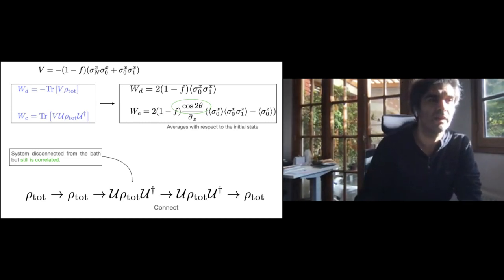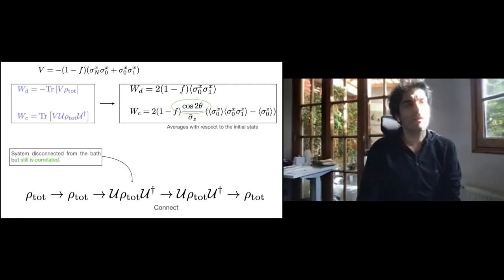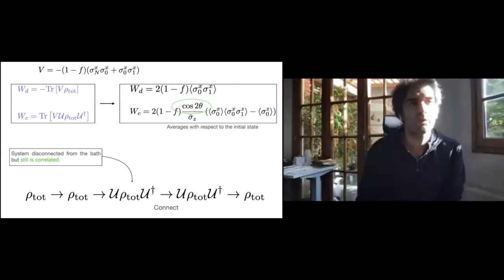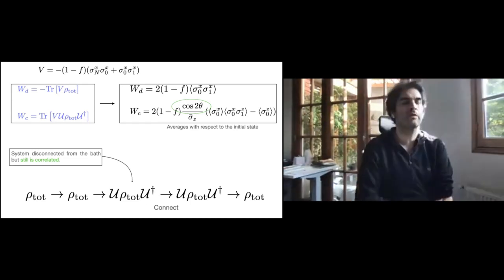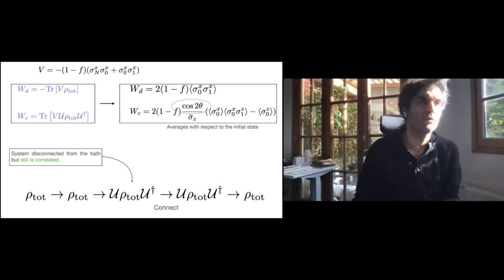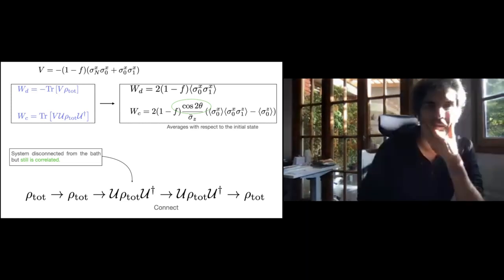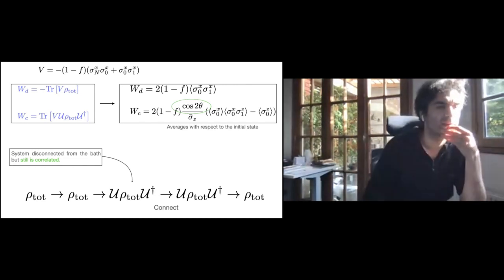So sigma, the average in the x direction, is known, the average in the z direction is known, and this correlation function is also known in the ground state. But this one is not known analytically, right? So what we do is some numerics to obtain this numerically. This will be important in my next slide.